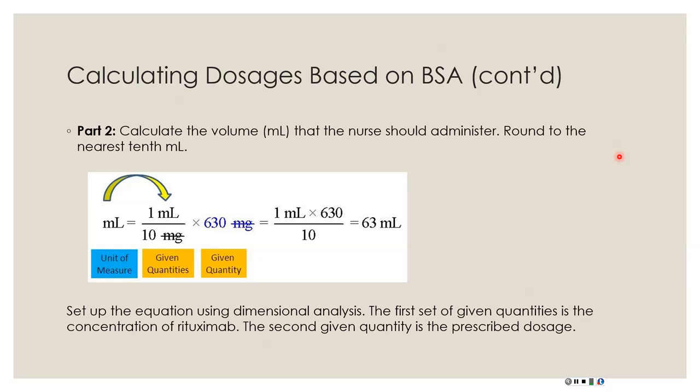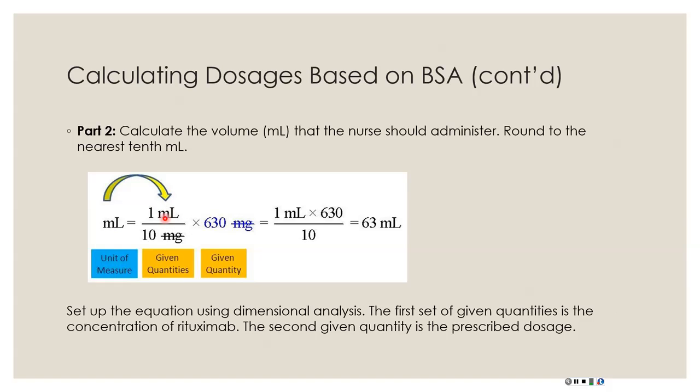So when we look at that, we know that the pharmacy has this vial, and the vial tells us that we have 10 milligrams in every milliliter. We can't change that. We can never separate that. That has to stay together. We know that milliliter goes on top because we're looking for milliliters, and so that always has to be our top then.